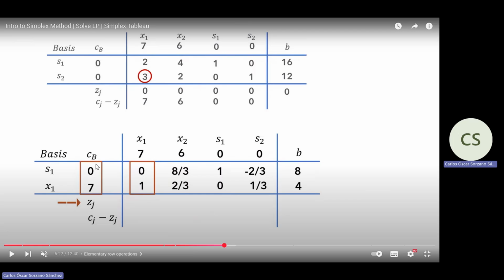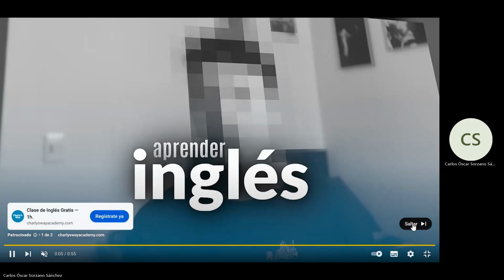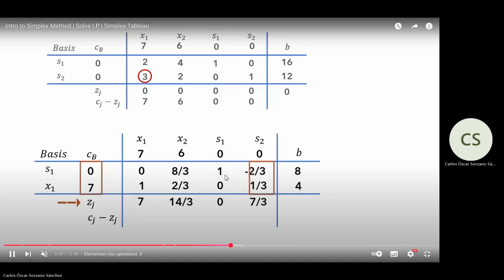So you have to multiply these coefficients times each one of these column vectors. So that is the balance here. You multiply, and this is what you get.